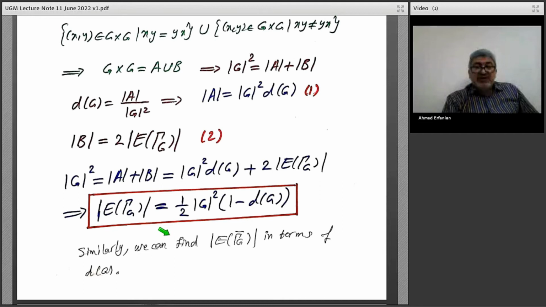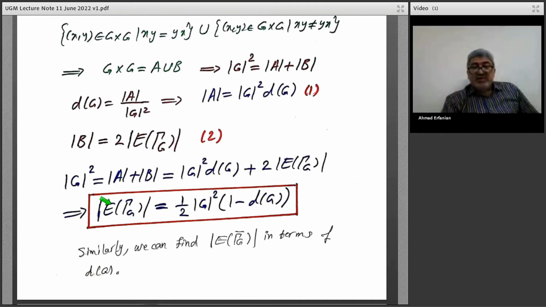So the number of edges can be obtained by this formula. So the number of edges is half of order of G square times 1 minus d of G.